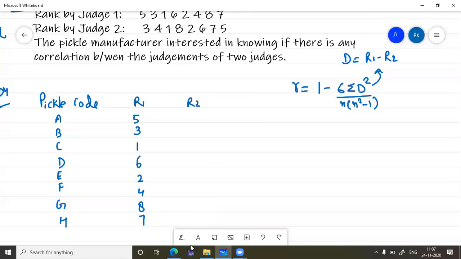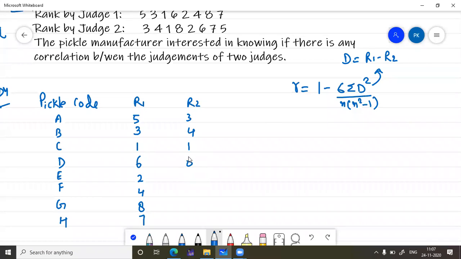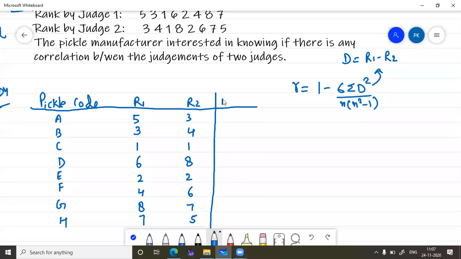And rank 2 is 3, 4, 1, 8, 2, 6, 7, 5. Now in order to evaluate, we need the difference between these two ranks, denoted by D. D is the difference between R1 and R2.